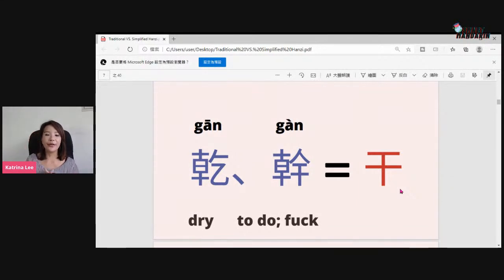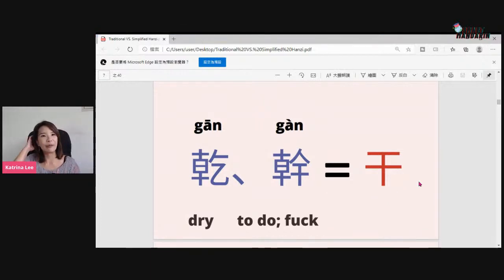I remember a while ago, in a live stream talking about my trip to China, I saw the menu says dry noodles. They use the simplified gan, okay? So gan mian, but this gan is also the homophone of the F-U-C-K word.